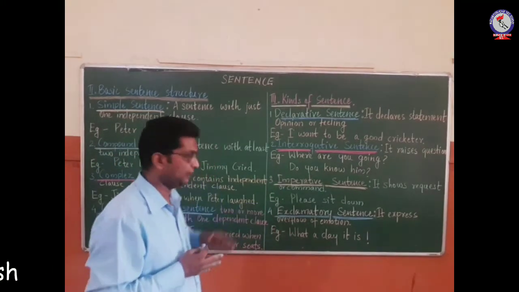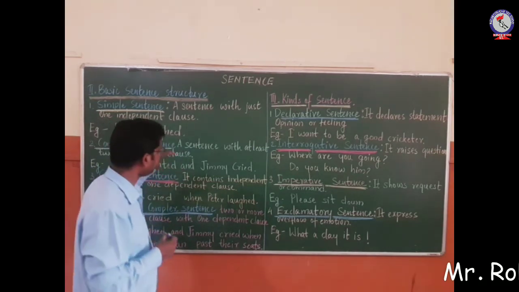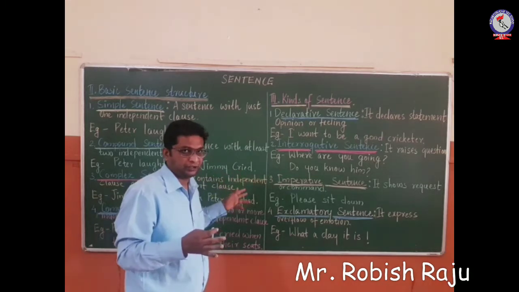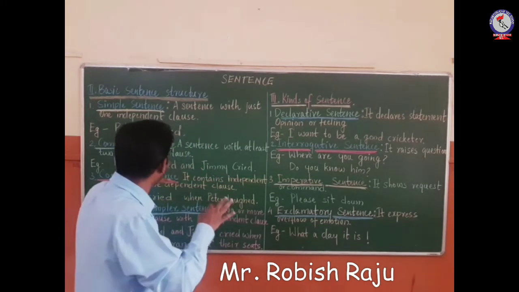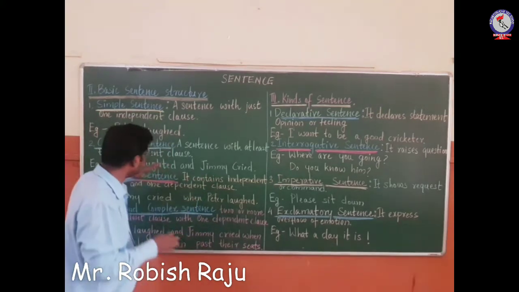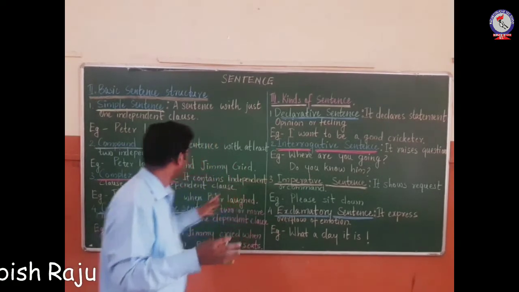Let's see the example. Peter laughed and Jimmy cried. Now you see here, there are two independent clauses in the sentence. Peter laughed and Jimmy cried.